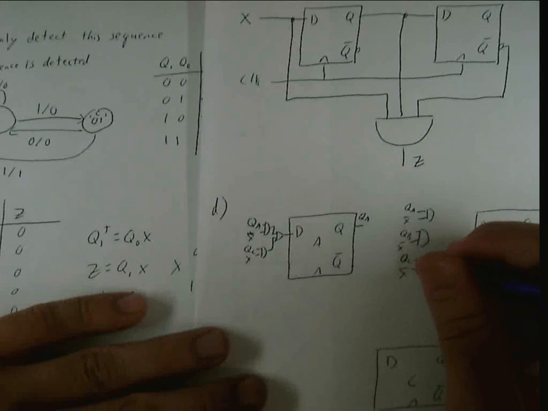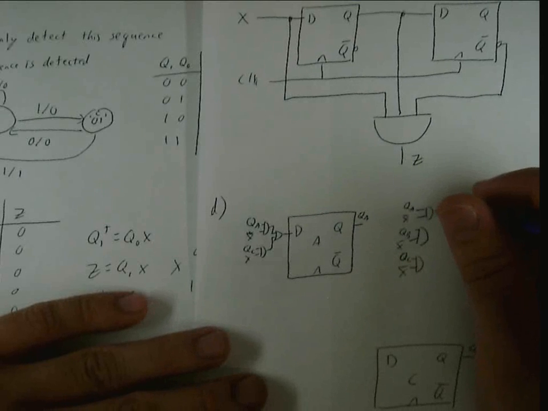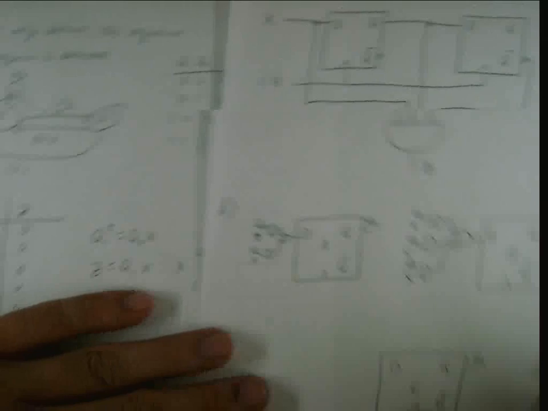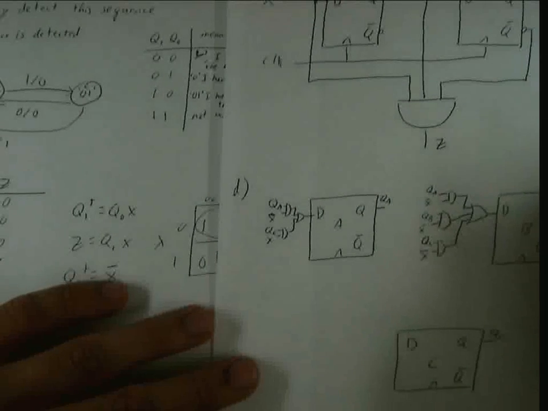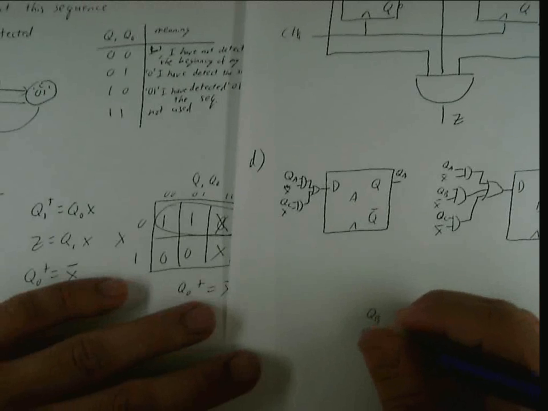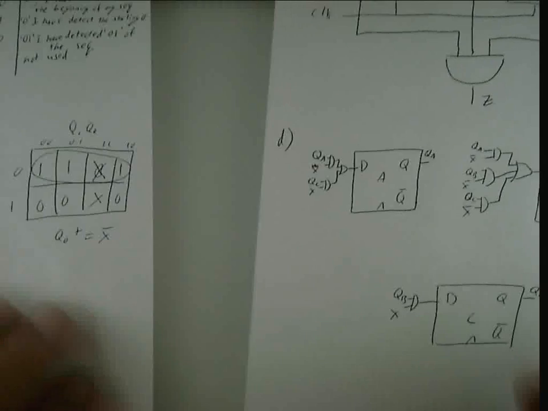So pretty much this could just be X bar again if you're paying attention. And then this one will be 1 when we're at QB. QB ANDed with X, and that goes into here.